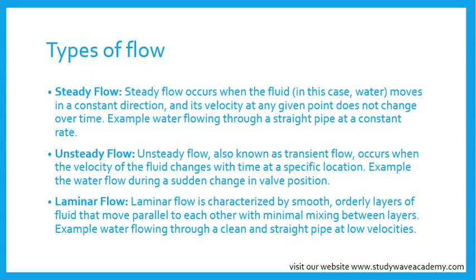Laminar flow. Laminar flow is characterized by smooth, orderly layers of fluid that move parallel to each other with minimal mixing between layers. Example, water flowing through a clean and straight pipe at low velocities.